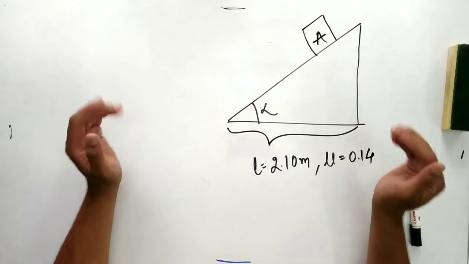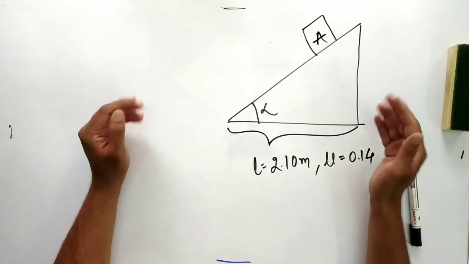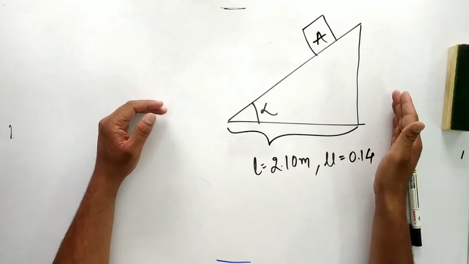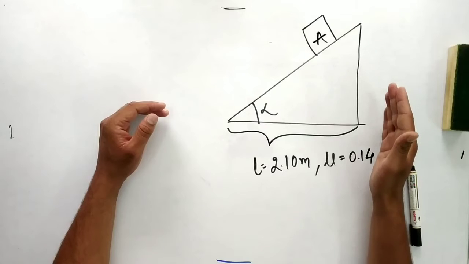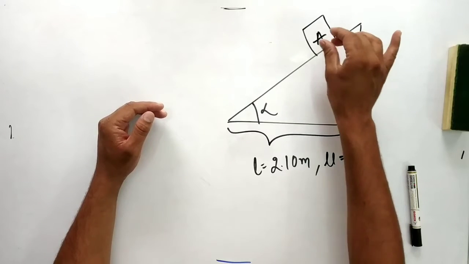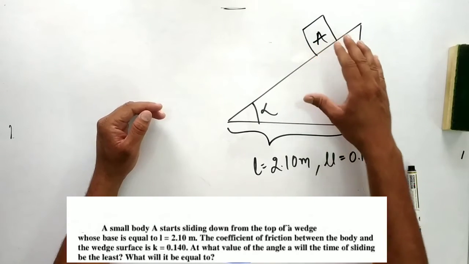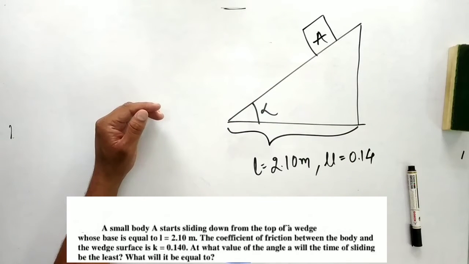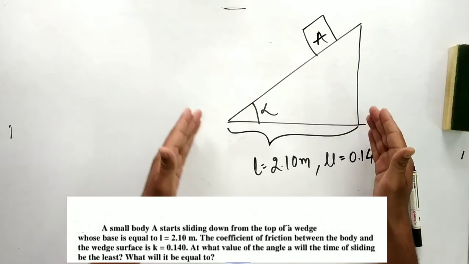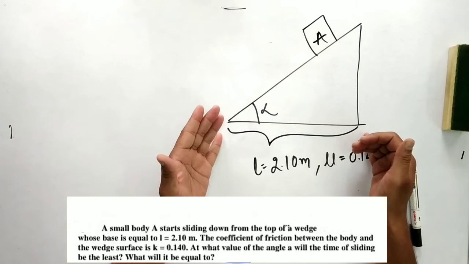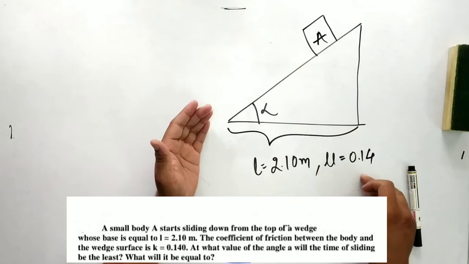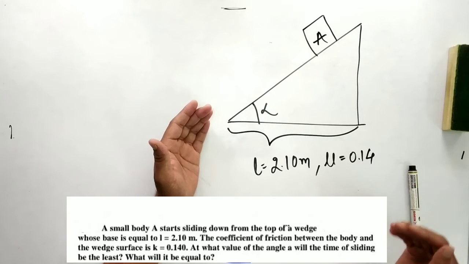This is the fourth question that we are going to address from the chapter Kinematics, and it's about a small block A moving down an inclined plane. The length of the base of the inclined plane is 2.1 meters and the coefficient of friction between the block and the plane is 0.14.